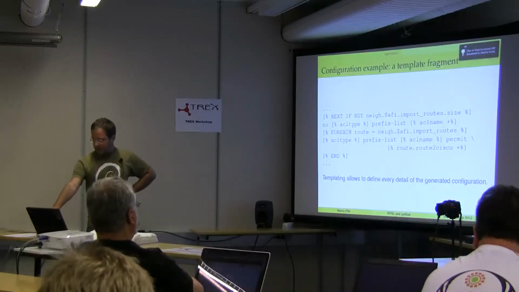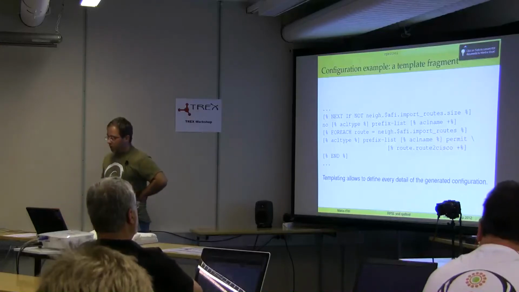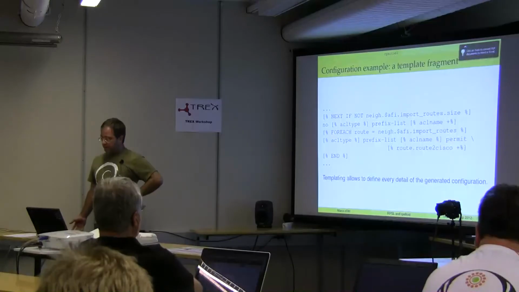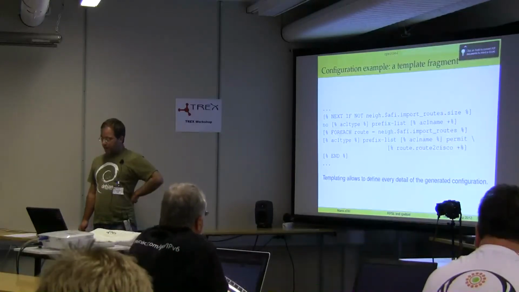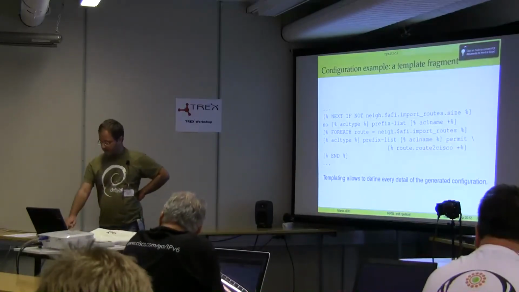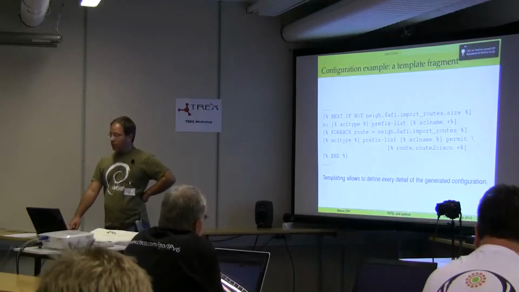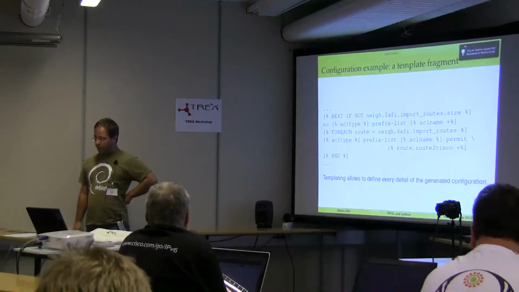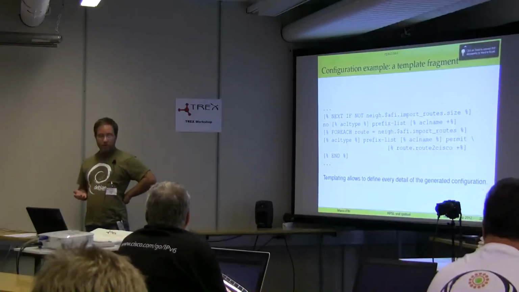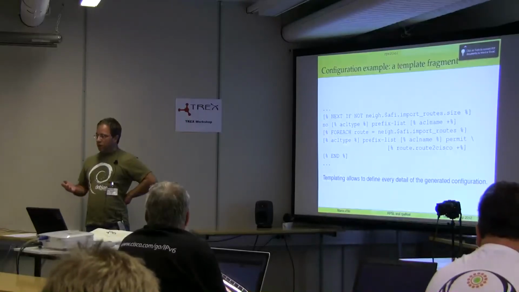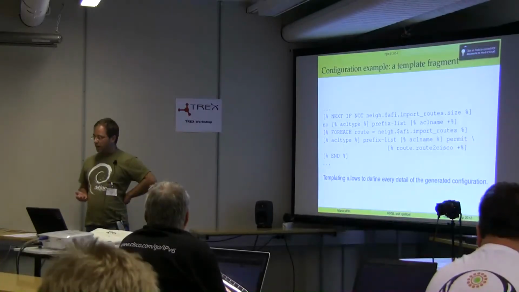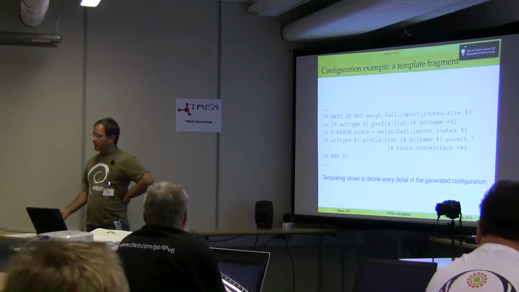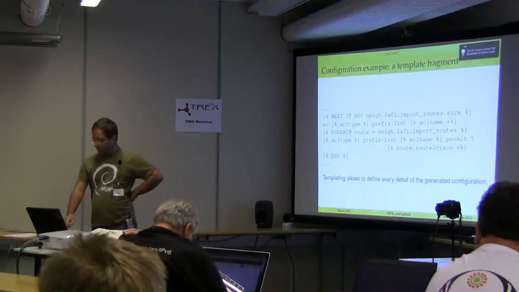In the end, you see this pseudo method route to Cisco, which converts the plain CIDR prefix to the format used by Cisco prefix lists. So with the template, you can define every detail of your configuration. I provide a sample template, but it is not supposed to be good for everybody. You will have to adjust it a bit depending on your needs, the general structure of your configurations and so on.